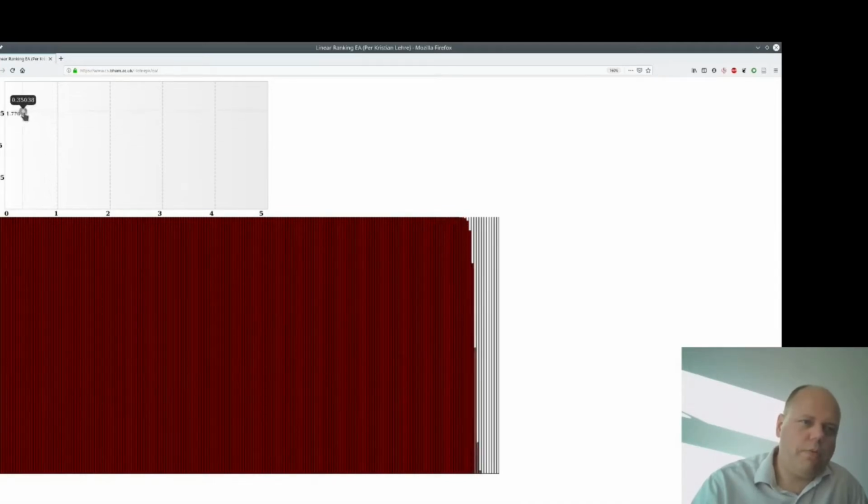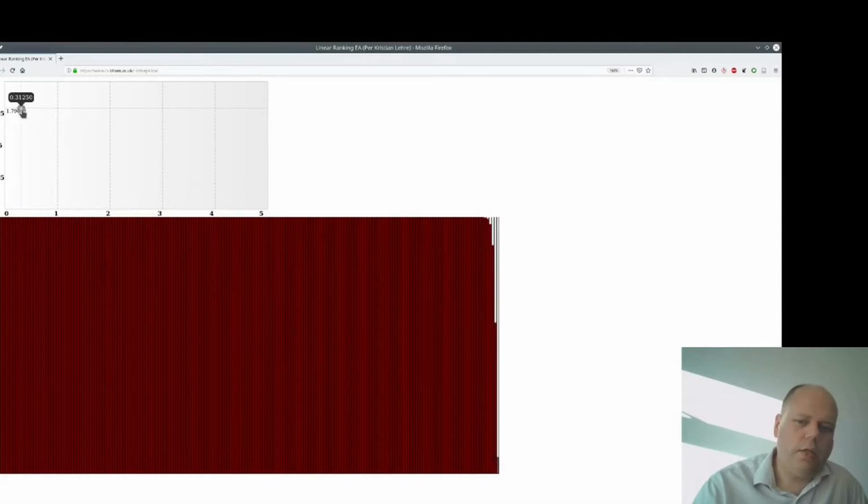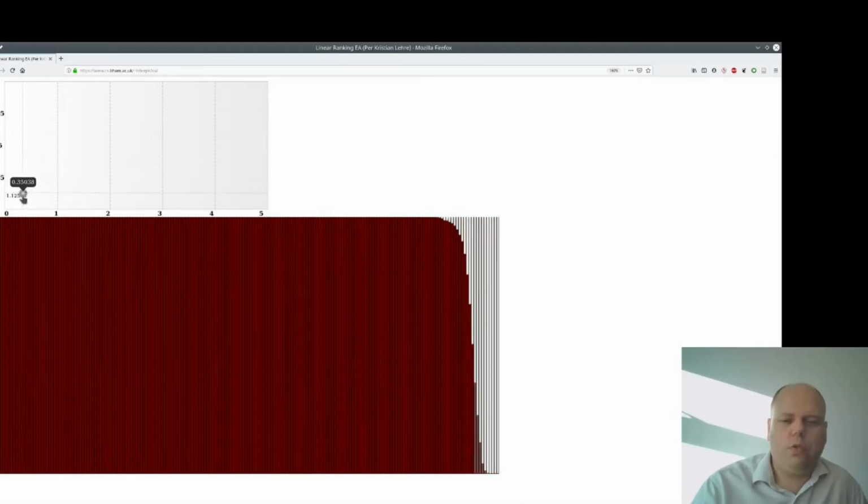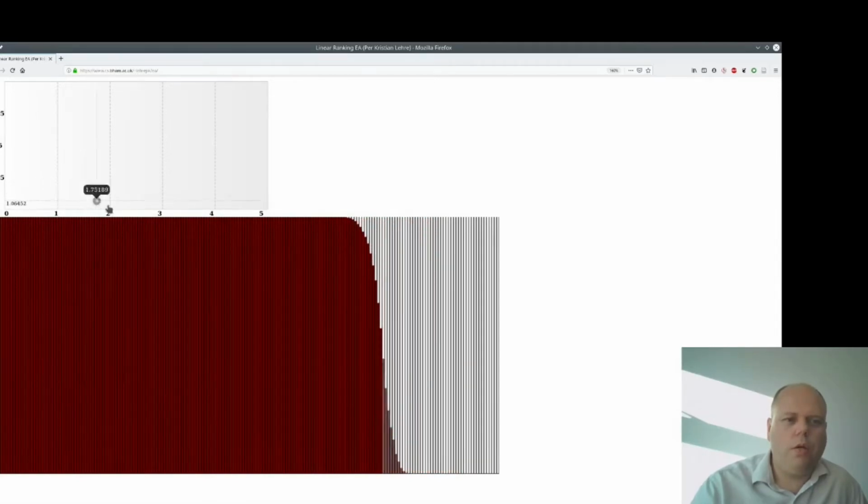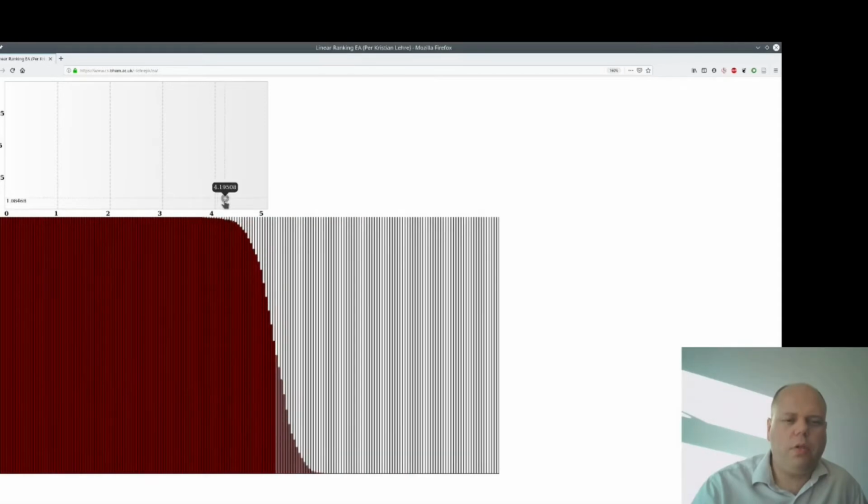If I move something like here, see the population is moving towards the optimum. If I decrease the selective pressure, you see the population is falling back. And if I have a very high mutation rate, my solutions are only like 50% 1 bits.